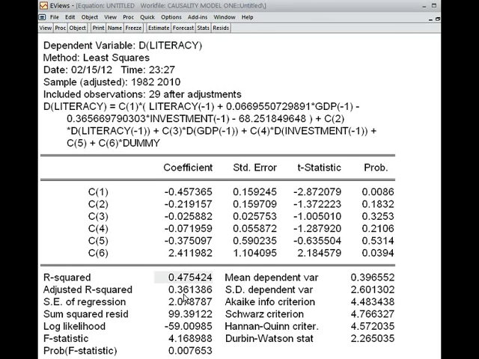So this model has this problem. And another problem, that C3, which is GDP, and C4, which is investment, both independent variables are not significant to explain the dependent variable, which is literacy. So that is also a bad sign of this model, that two variables are insignificant, right?